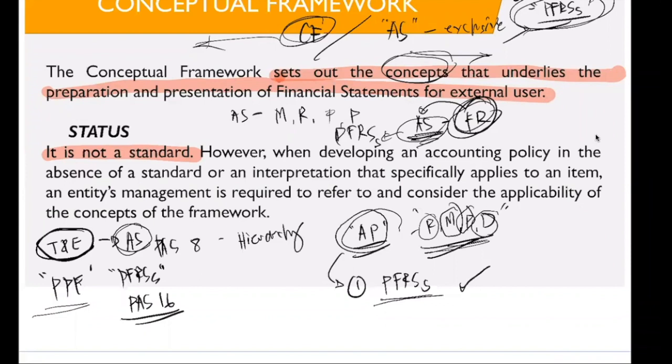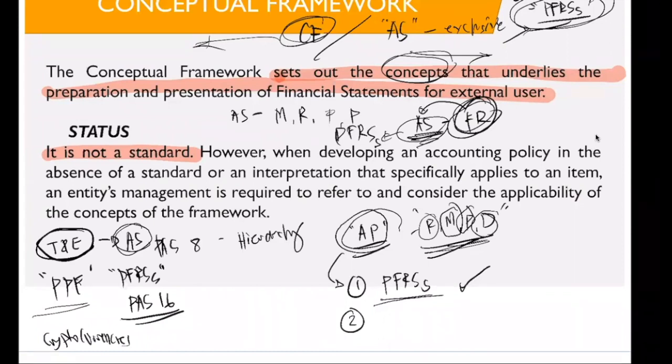Question is, what if there is no accounting standard? What if there is no accounting standard that surrounds it? So for example, we have here your cryptocurrencies. Cryptocurrencies has a wide application as of this date.